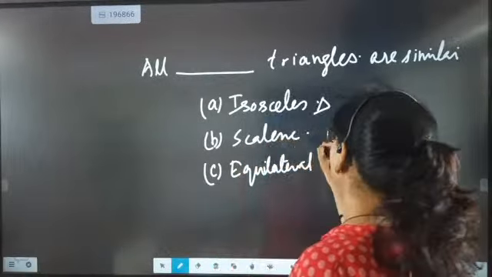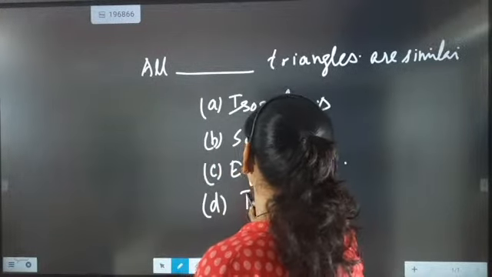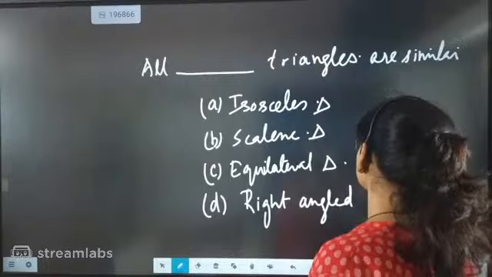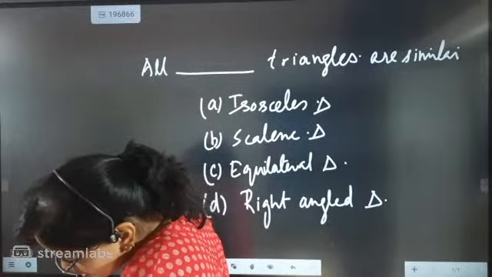So isosceles triangle, scalene triangle, equilateral triangle, right angle triangle. Now what is the correct answer without wasting much time?